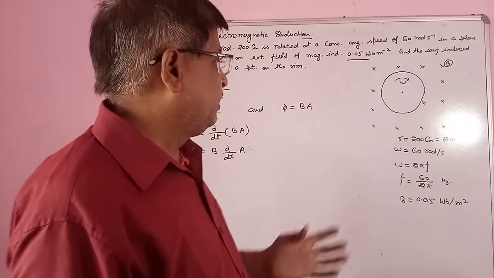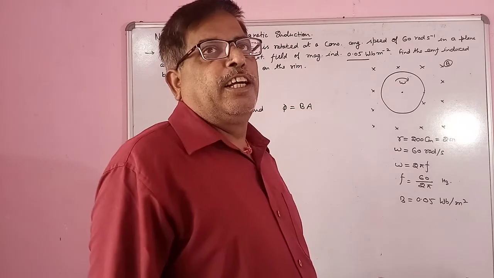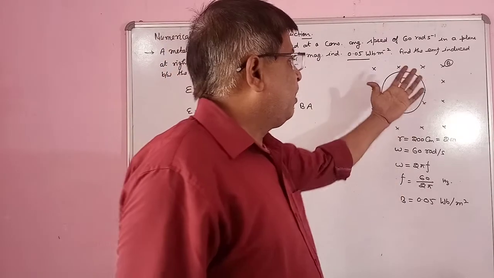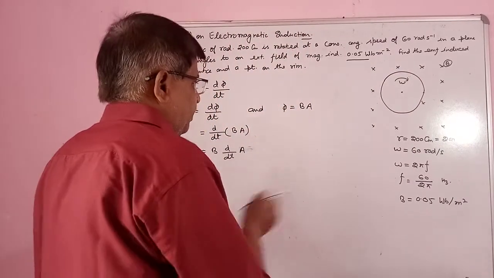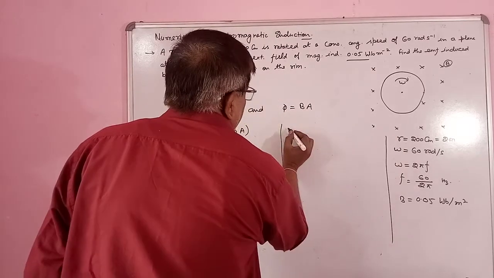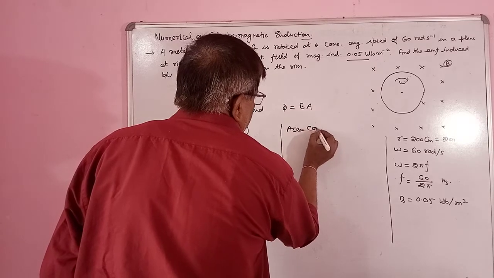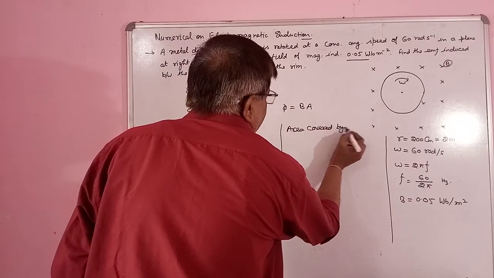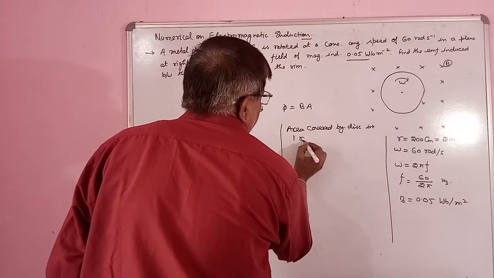So now consider the change in area, the area covered or traveled by the disc in one revolution.